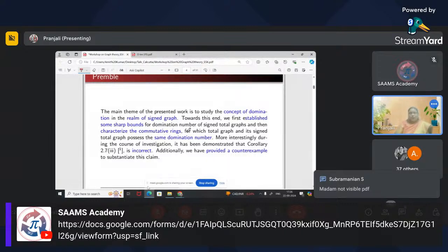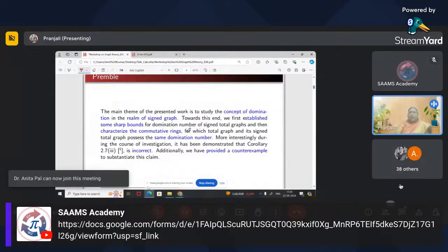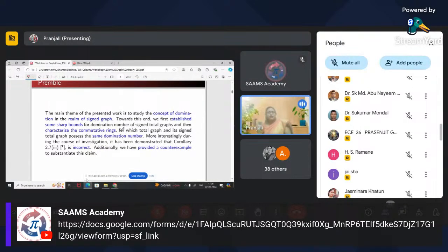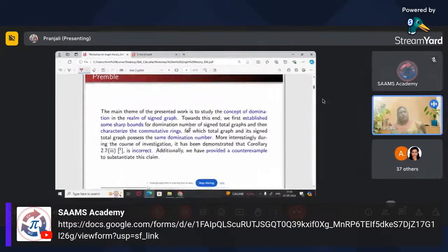Here we have initiated this idea into the realm of algebraic sine graphs, and the sine total graph is one of them. Here we have tried to characterize the commutative ring so that we can see how the properties of the algebraic structure impact the domination or other parameters.